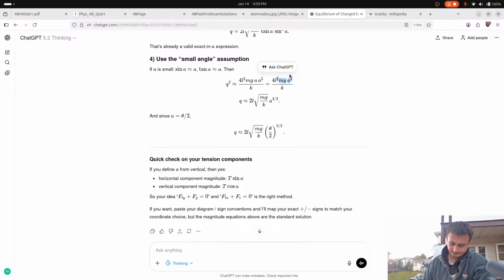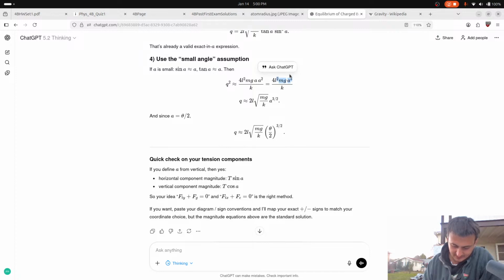Okay, so now we get Q is equal to 2, or actually let's do this. What the hell is going on?